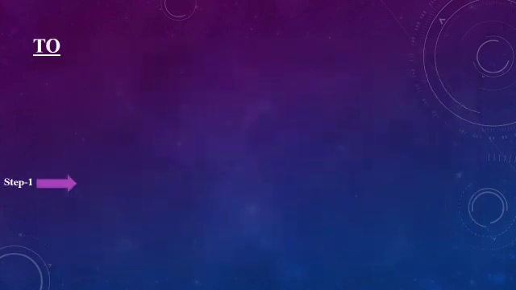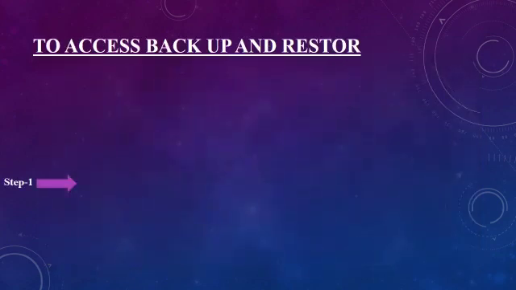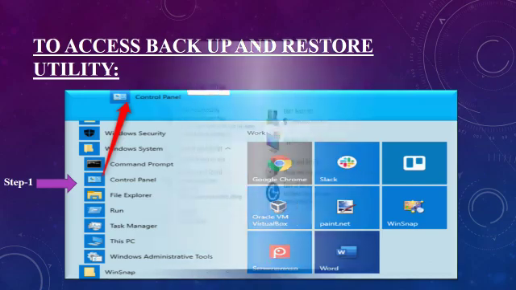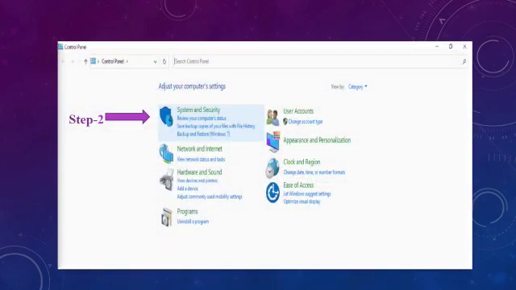To access backup and restore utility, you need to click Start menu. Step 1. Click Control Panel. Step 2. Click on the System and Security.